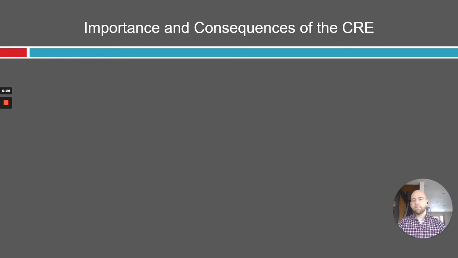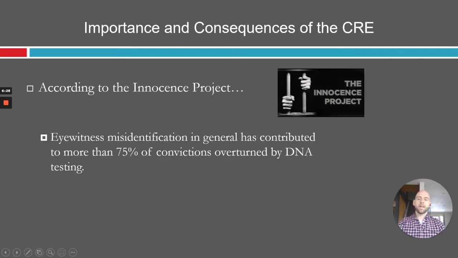So this is all important because this kind of quirk of our memory processing leads to real outcomes for people, real bad outcomes. So the Innocence Project, you may be familiar with, looks at cases where there may have been problems with the evidence or problematic convictions.